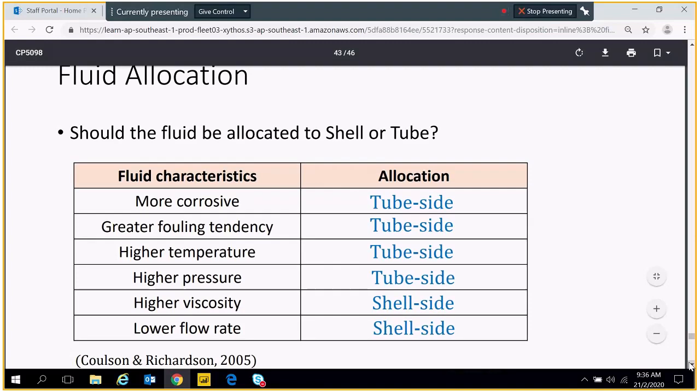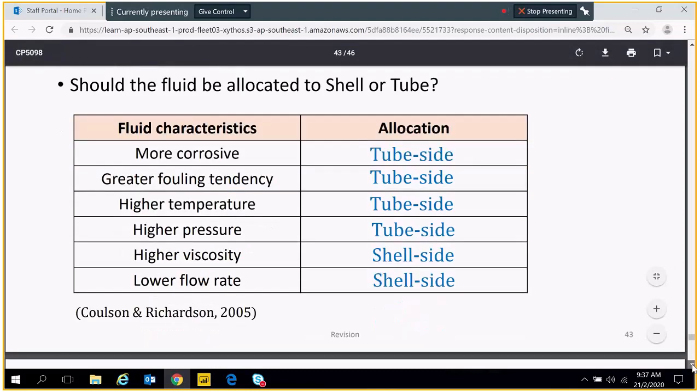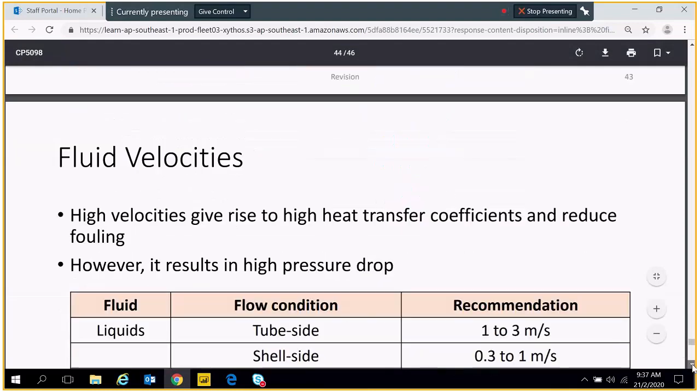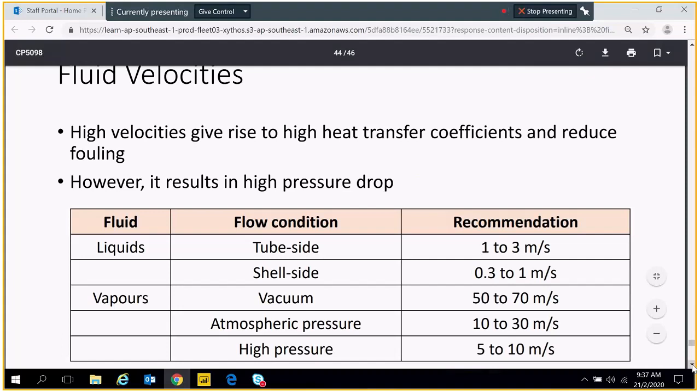This is also very important. All right, you just have to memorize this one. When you answer this kind of question, don't just say tube side. Don't just say shell side. Please give a clear explanation. We don't like high velocity.